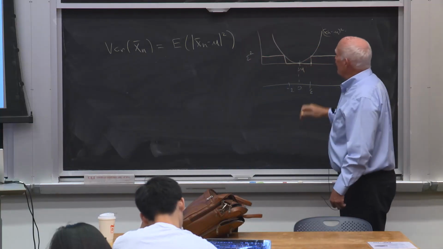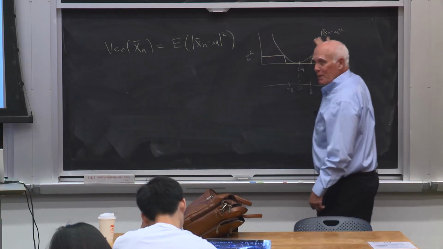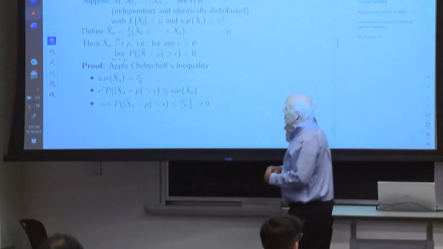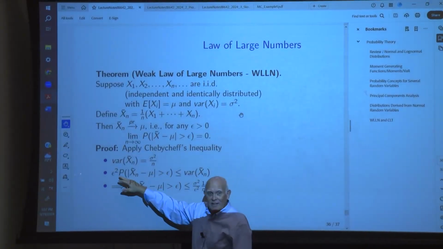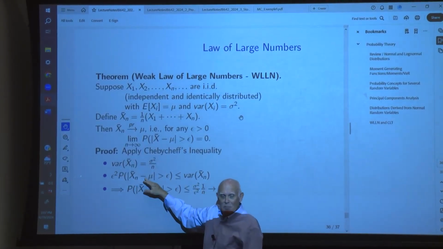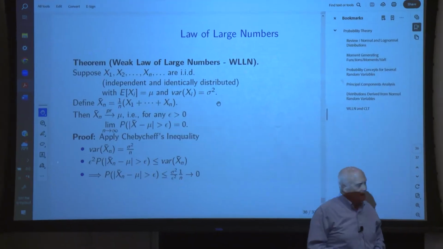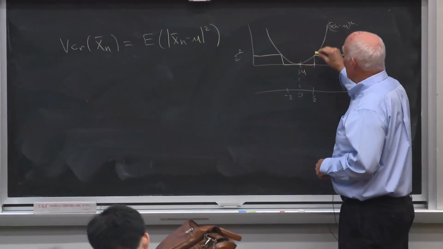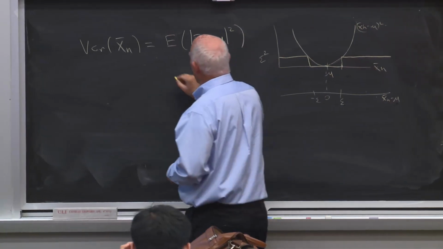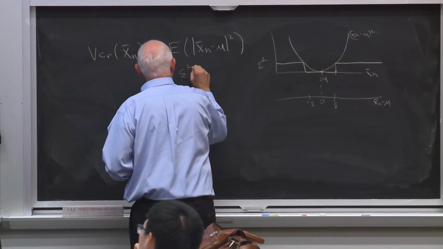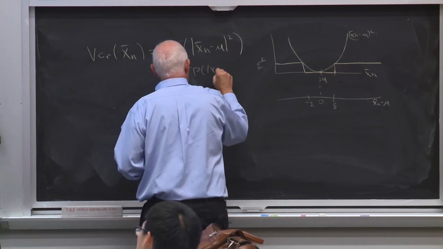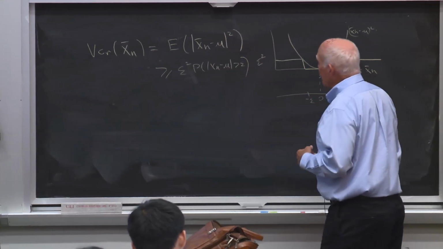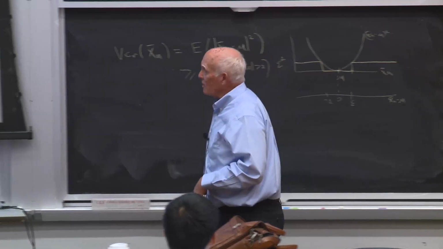And the variance, which is the probability weighted average of the parabola over the distribution, has to be greater than epsilon squared times the probability of being further away from mu than epsilon. So the variance is greater than or equal to epsilon squared times the probability that x bar n minus mu is greater than epsilon. This gives us the result.